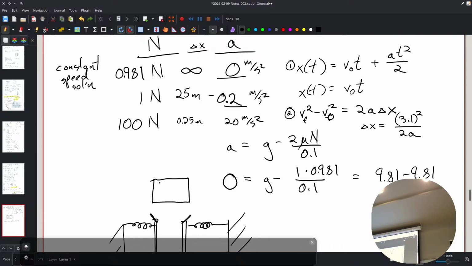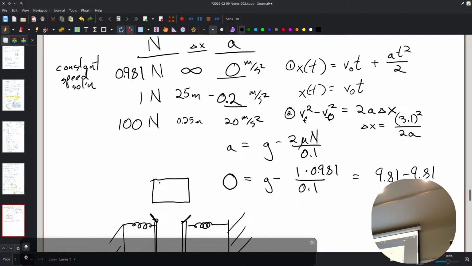Then for that acceleration, we can solve using 2g, plug that in for a, and solve for n.